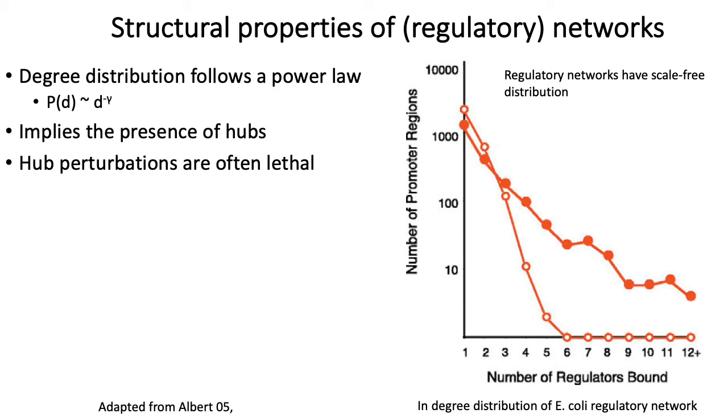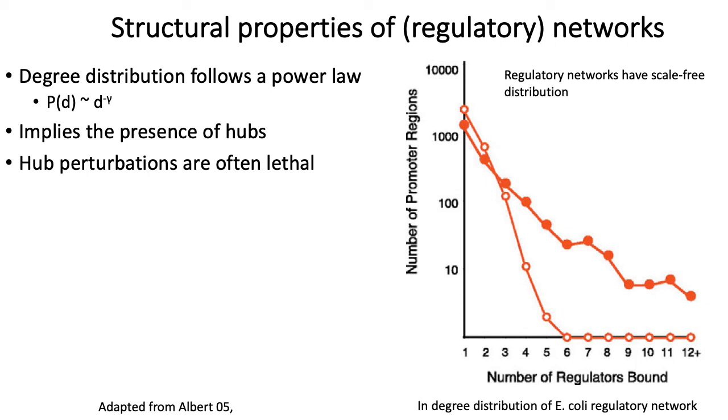In this diagram on the right, for example, in this regulatory network, most promoters only have 1 or 2 regulators bound to it. And so what that also means is that there are relatively few nodes that have very high degree. Those nodes that have very high degree are what are called hubs of a network.